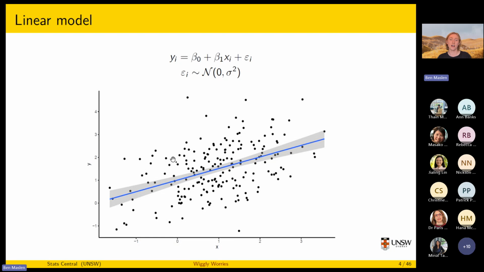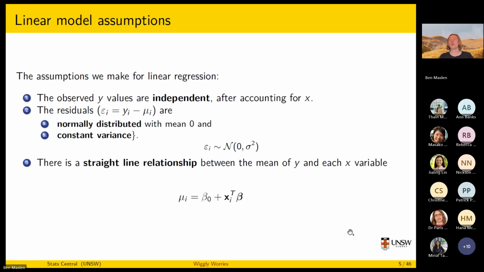The residuals you can see in this plot are basically the distance from these points to the fitted line. And we've also got a band here. This is like our confidence interval around our mean slope value.